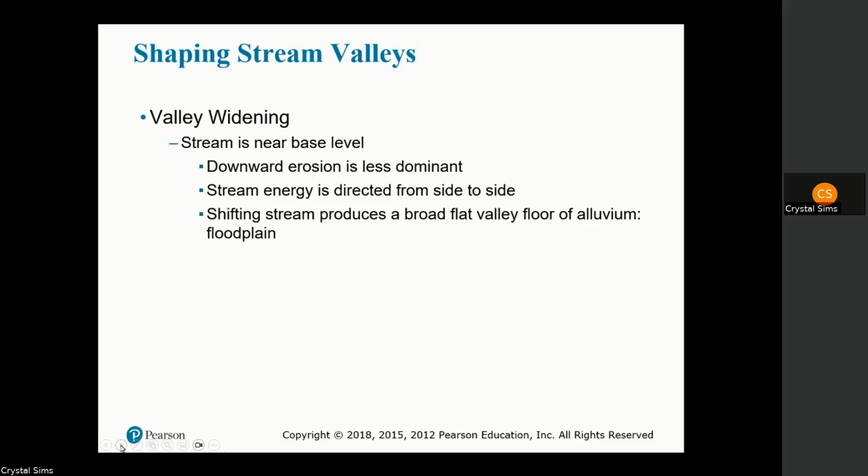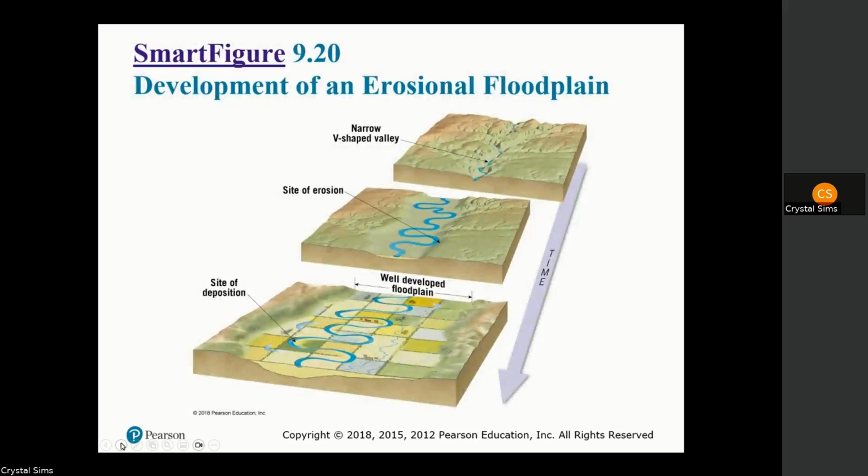So the energy is more side to side. And so the valley is going to get wider and wider as the river cuts away one bank and then cuts away another. So here's an example of the development of a floodplain, which we see in valley widening.